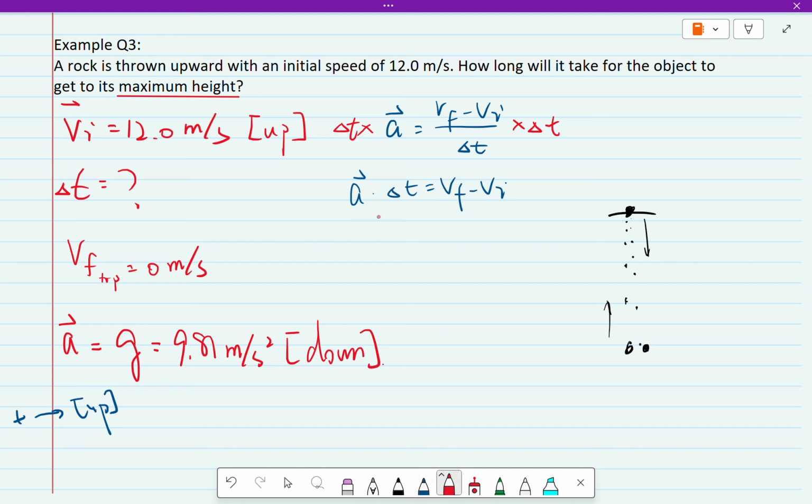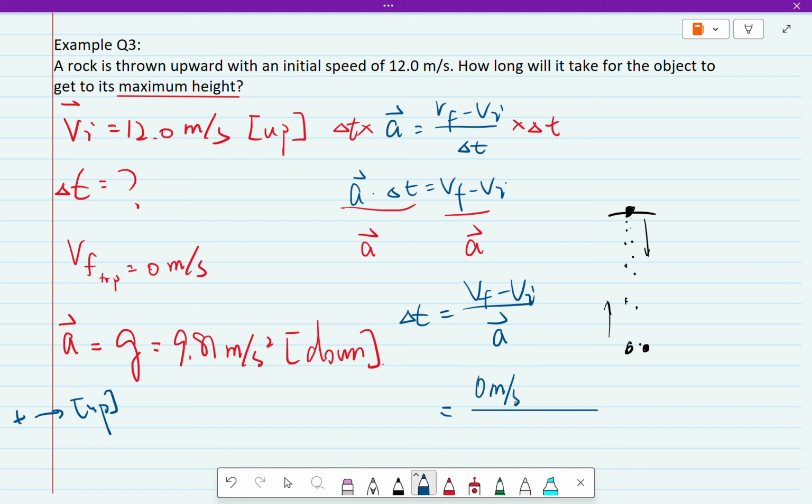And now we will want to divide both sides by acceleration, such that we will have delta t equal to v final minus v initial over acceleration, and we can substitute our values in, which is 0 minus 12 meters per second, and up is positive, so it's just minus 12 meters per second, over acceleration 9.81, which is pointing down, so as we previously defined, it would be negative.